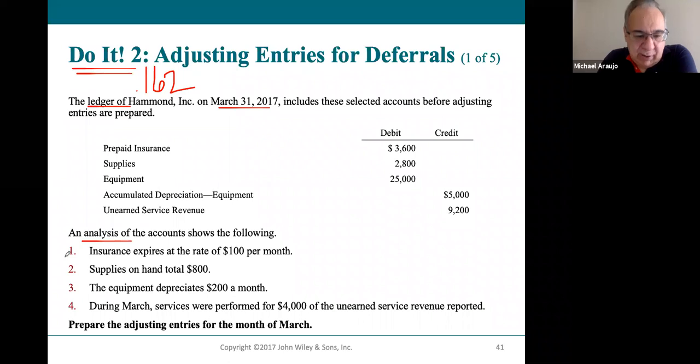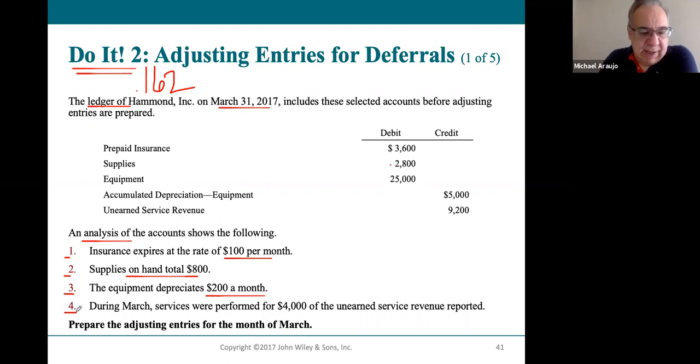They found four things. Number one, they've used $100 of the insurance. Number two, they counted their supplies. There's only 800 of supplies left. Okay, you're going to notice, right? They used up a lot of those supplies. Third thing is they have equipment and it depreciated $200 that month.